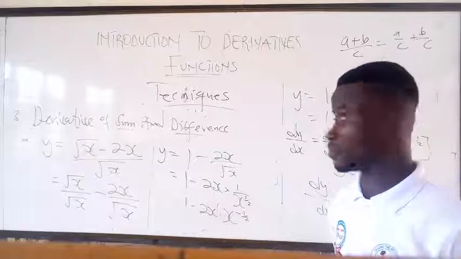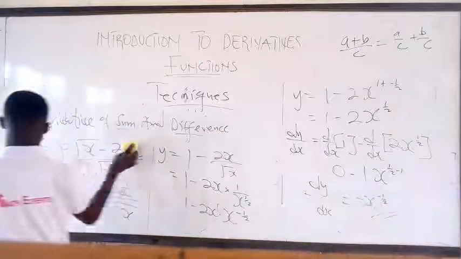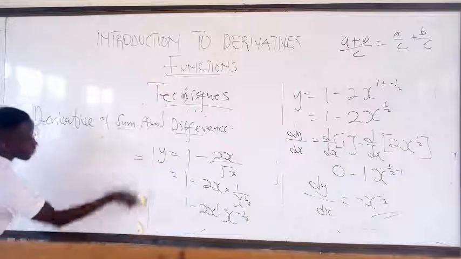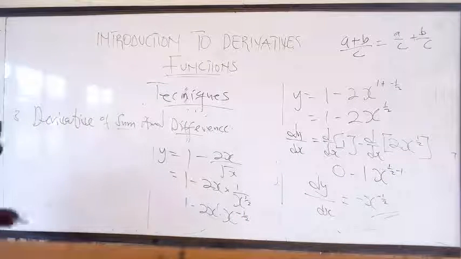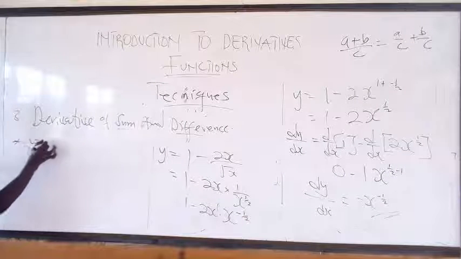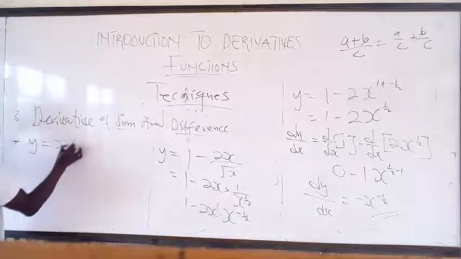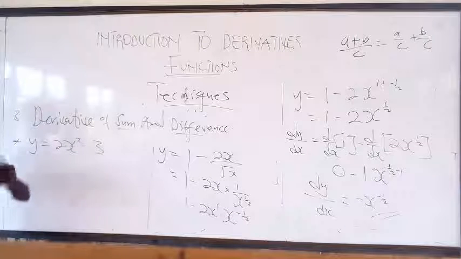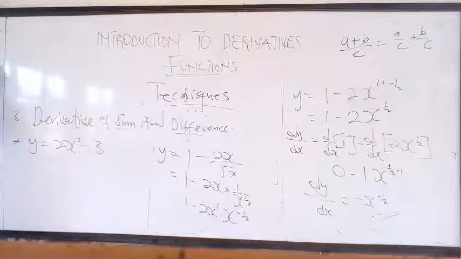Simple. Yeah, simple. You just see it. I gave you a question like y is equal to 2x squared minus 3. Don't forget that we had 4x, right? We had 4x.